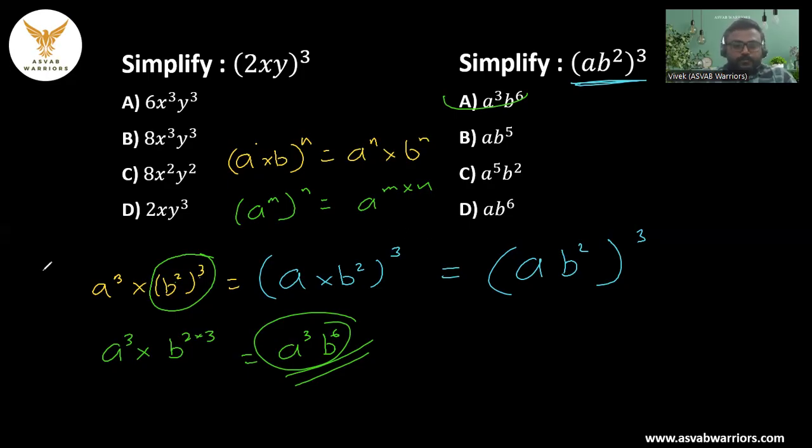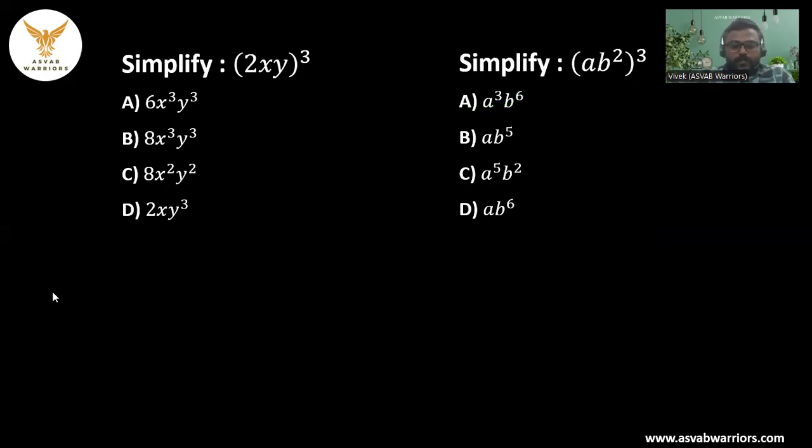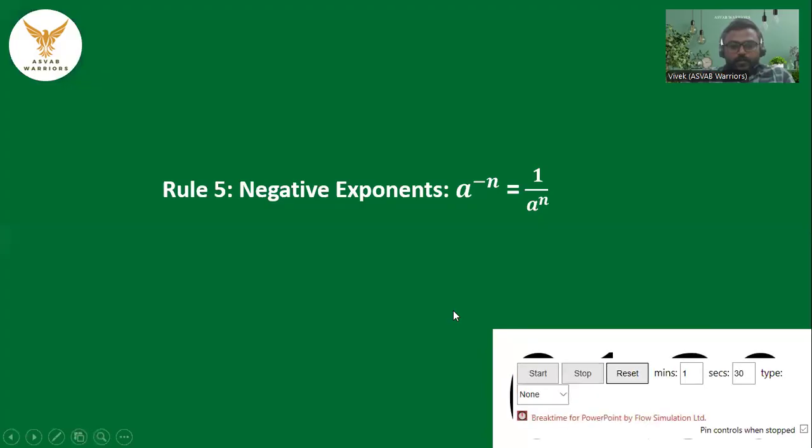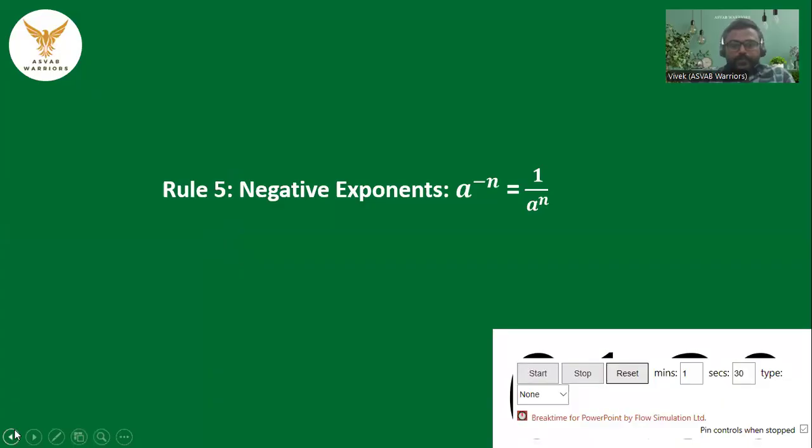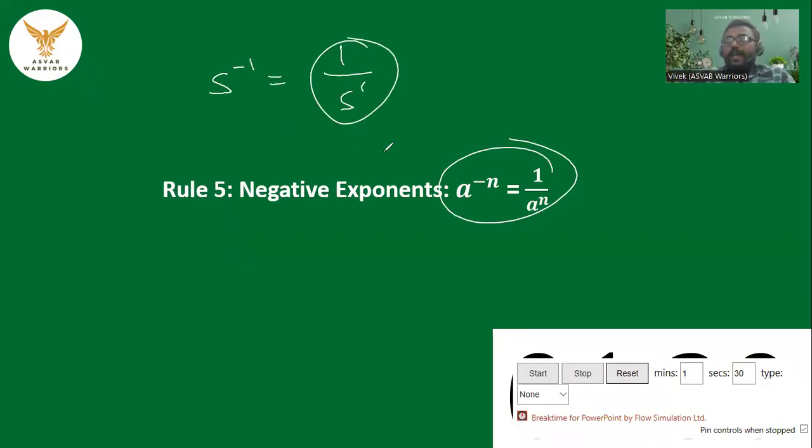Now let's move on to the next rule, which is nothing but negative exponent. So negative exponent, guys, whenever you see something like this, let's say 5 to the power minus 1, you will have to take the reciprocal and make the power positive.